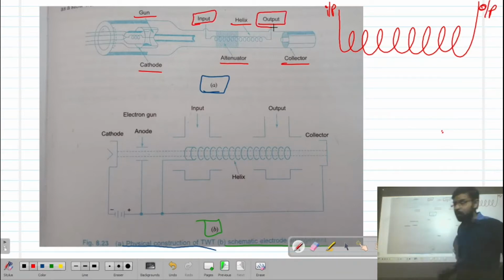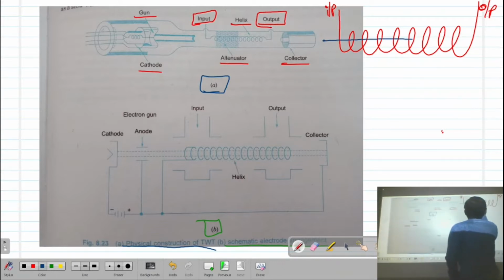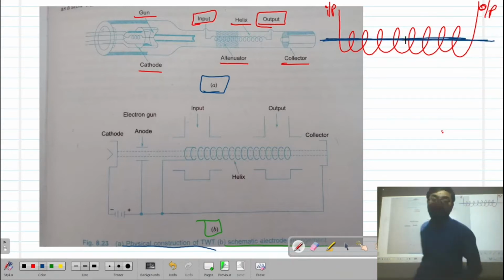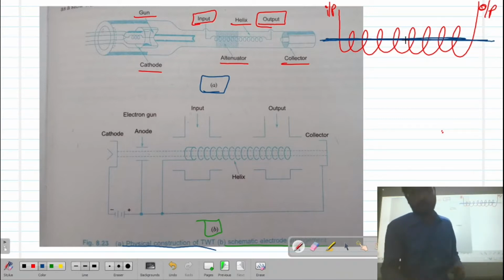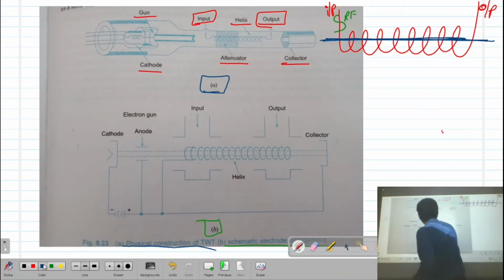Now, when a beam of electrons is passing through this, from the picture itself it will be clear that it will have more interaction. This contains the RF signal, and this is the electron beam.